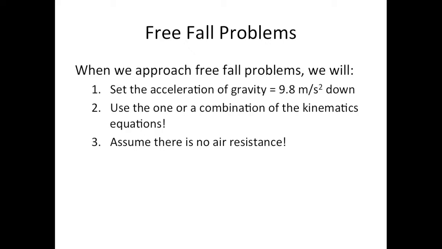And in all our free fall problems that we do mathematically, we are going to assume there is no air resistance. The only time we will account for air resistance is conceptually, and you'll see that in short answer and multiple choice questions. So mathematically, we will always assume there's no air resistance. I try to always put this on the problem, but sometimes I don't remember. Alright, so let's get started on the problems.